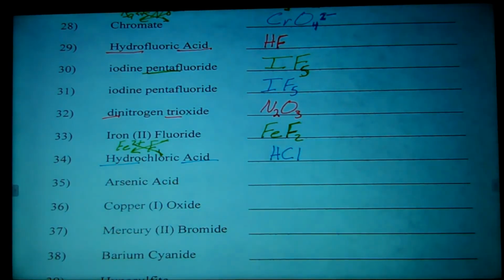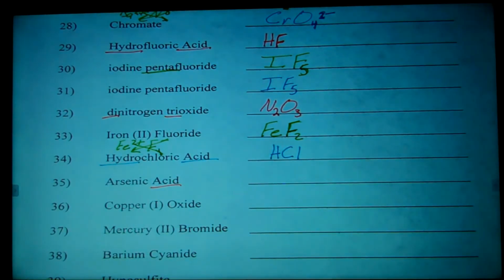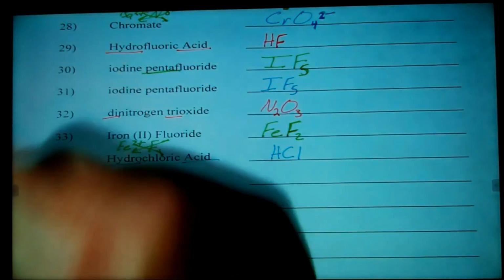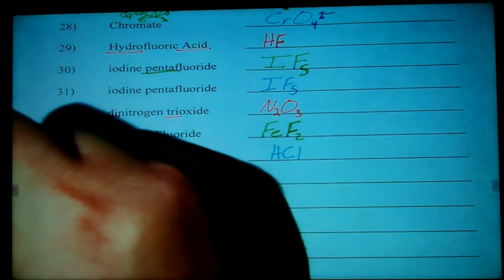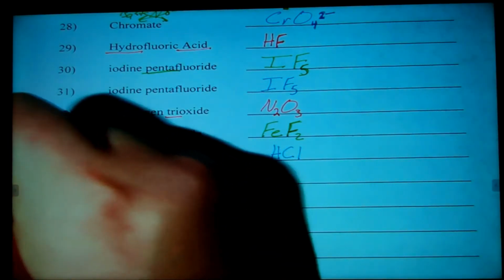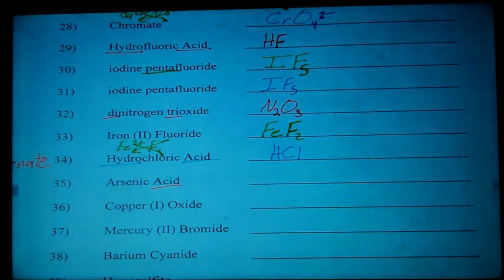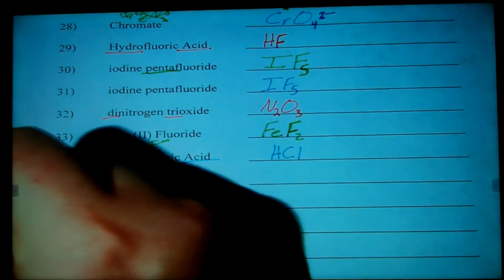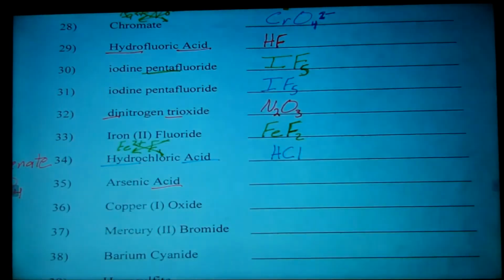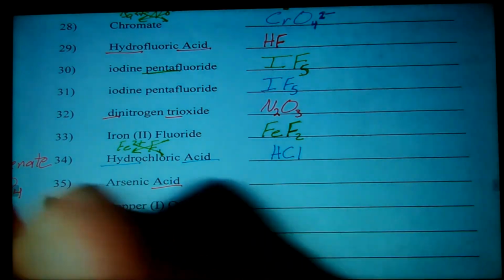Arsenic acid. We have an acid. There is no hydro in the beginning, which means we're dealing with a polyatomic. So arsenic acid came from ate, so arsenate. And hopefully you know your root polyatomic arsenate is AsO4, 3 negative.